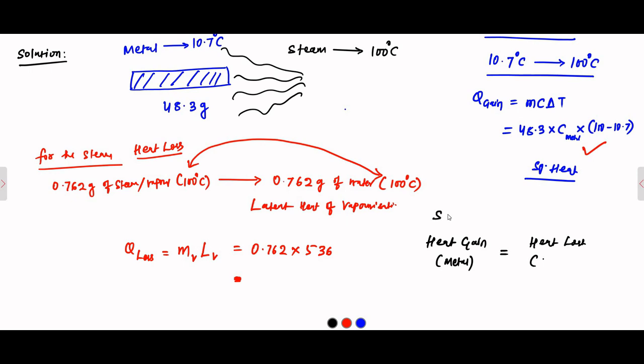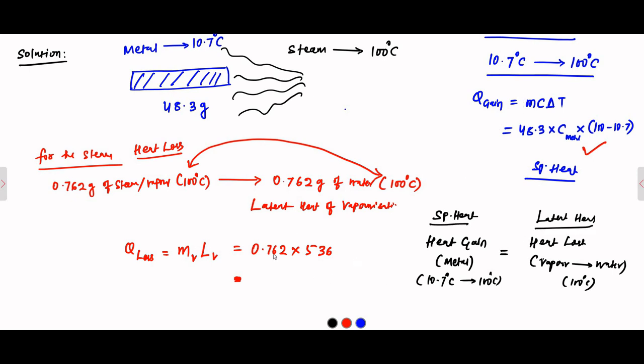So here it is specific heat, here it is latent heat, from vapor to water at 100 degrees Celsius. Here 10.7 degrees Celsius to 100 degrees Celsius.